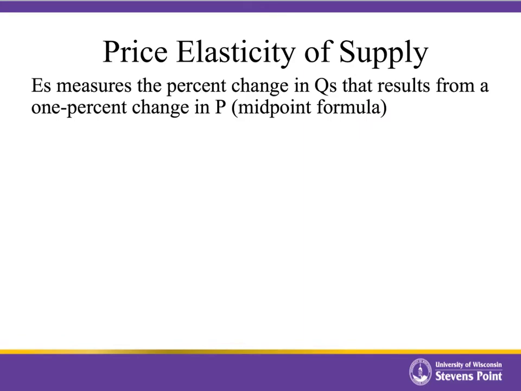So the price elasticity of supply measures the percent change in quantity supplied that results from a 1% change in price, and again we're using the midpoint formula. So we can measure the price elasticity of supply as the ratio of percent change in quantity supplied divided by percent change in price.